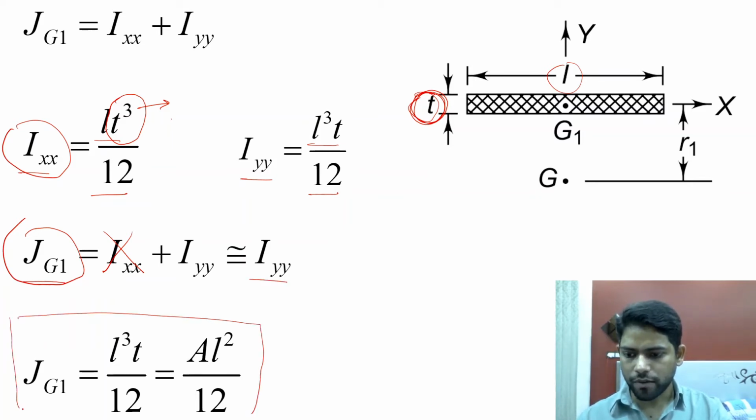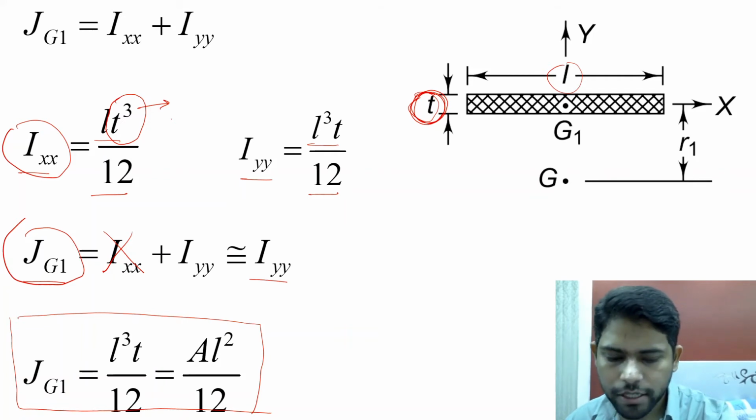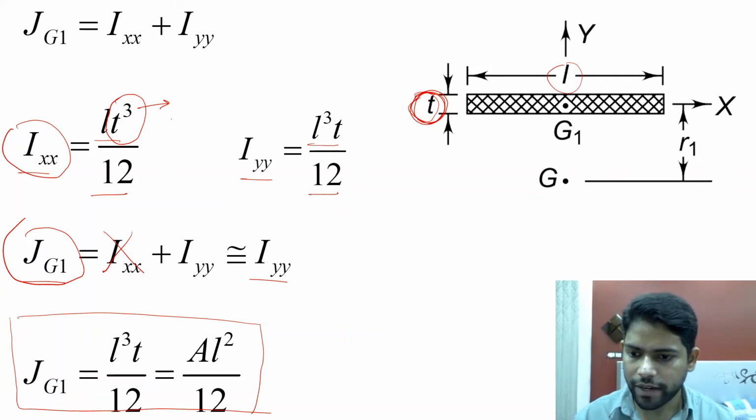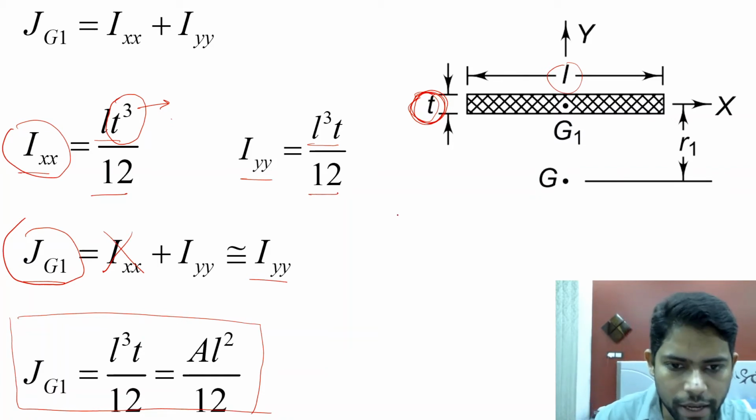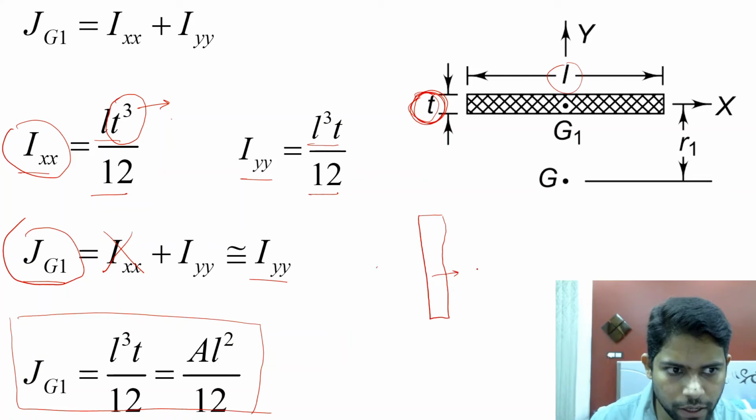upon 12. Now you have to be very careful while neglecting Ixx. Since this weld is horizontal, that's why we have neglected Ixx. Had it been a vertical weld like this, again this will be your x-axis and this will be your y-axis.